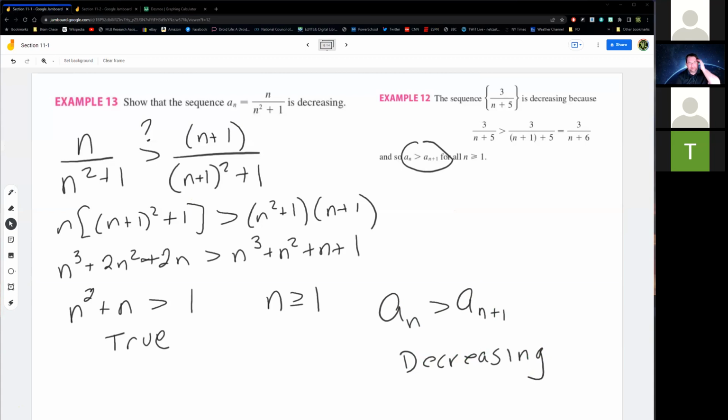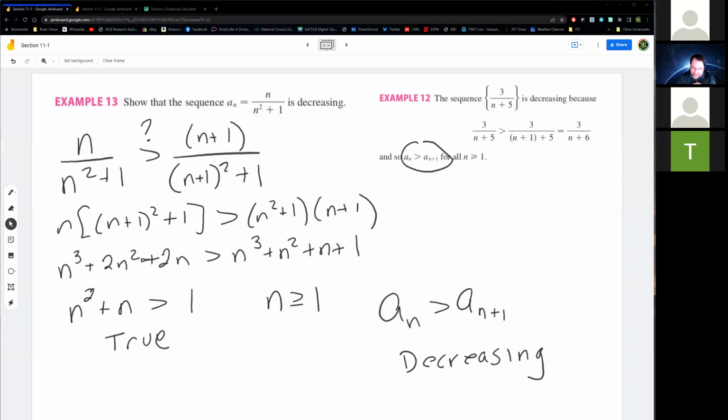I'm sorry, I'm having a little brain fart moment. Can you just explain how it's true again? You understand how I got to n squared plus n is greater than 1? No, not really. So I've got my original problem up top. This is what we're trying to show is true, that it is greater than the second part, by just plugging in the n plus 1 for all my n's.